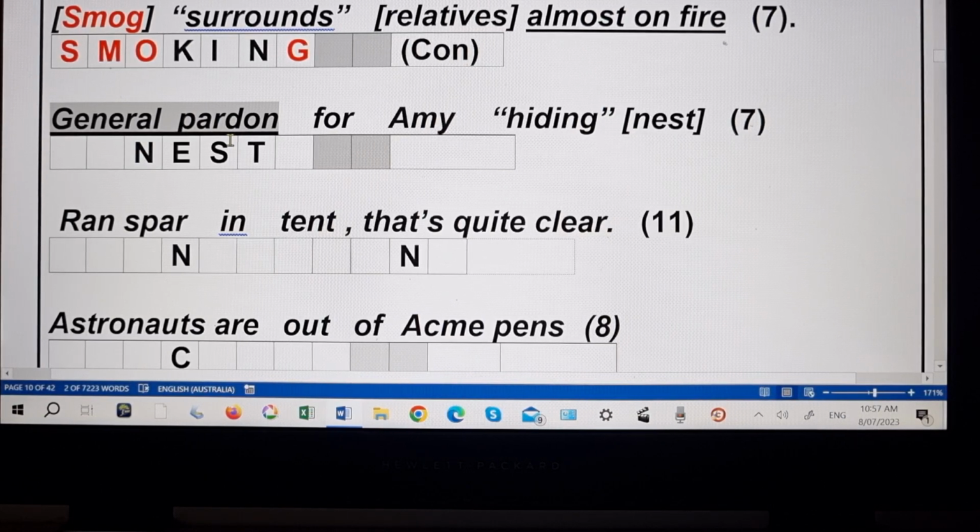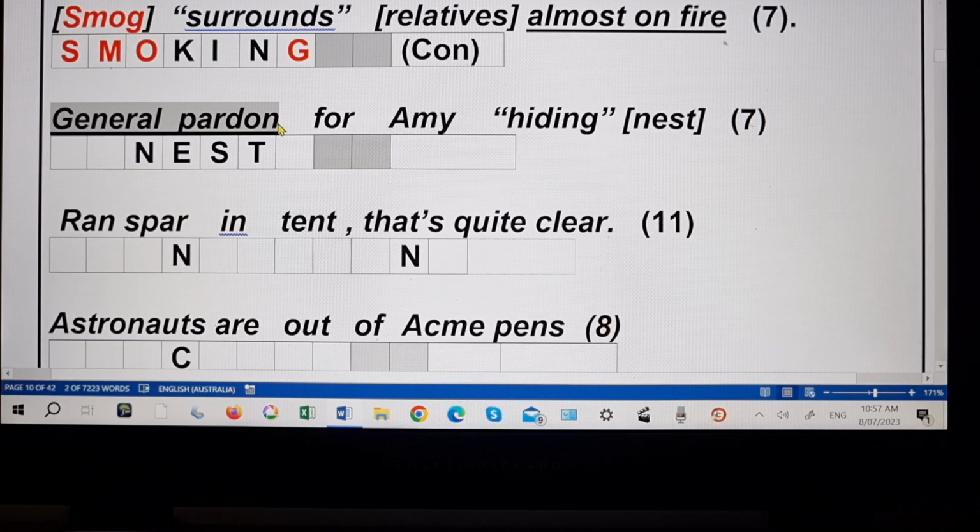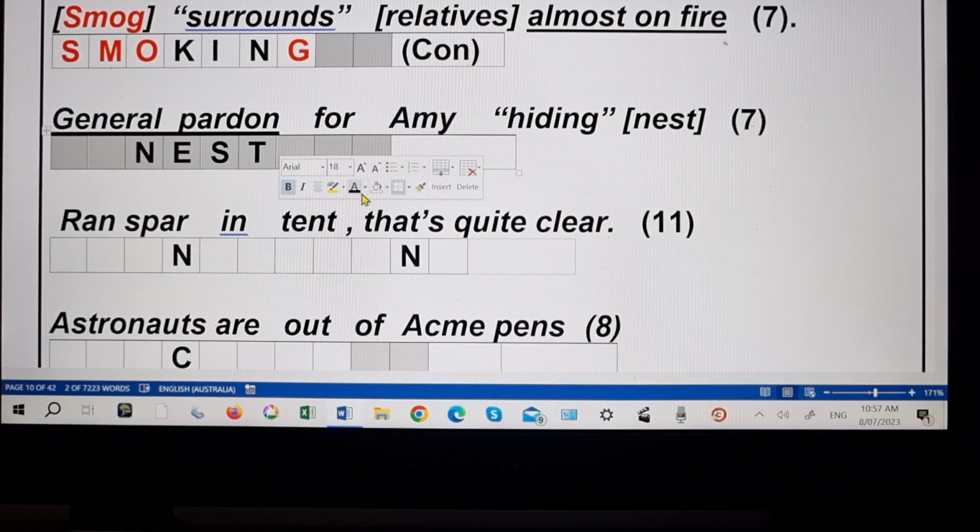A general pardon is what the president of a country or prime minister gives all the population, gives them time to do something, like Johnny Howard gave an amnesty to bring the guns in. If you hadn't done it by the right time, he said, okay, amnesty, you've got three months more to bring them in. So general pardon, it's an amnesty.